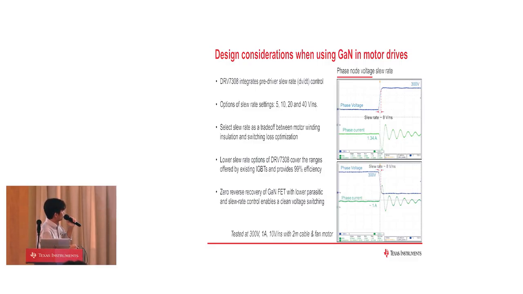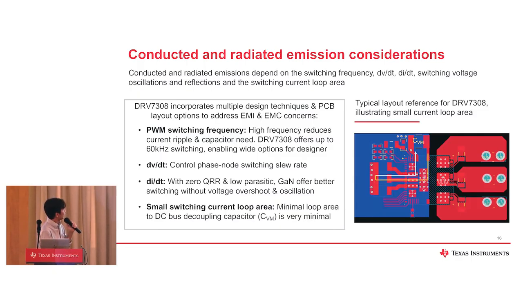The lower slew rate option of the DRV7308 covers the range offered by existing IGBTs and also provides 99% efficiency. Also, the zero reverse recovery of the GaN with lower parasitics and low slew rate control enable clean voltage switching. And this is the benefit when considering conducted and radiated emissions.